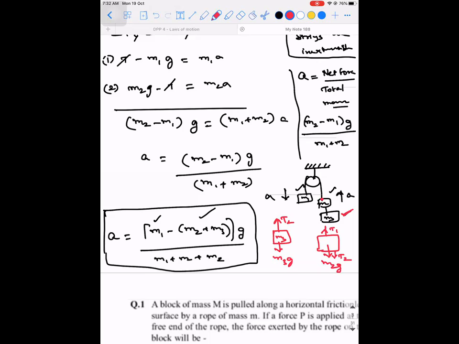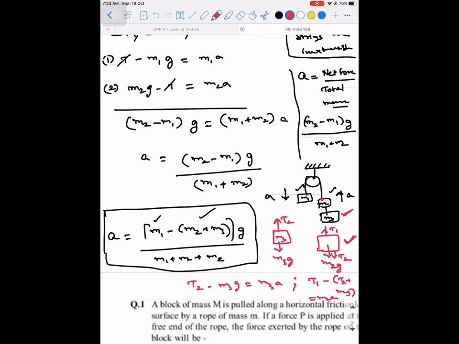Yes, sir. This is the free body diagram. Now see, since the block is moving upwards, T2 minus M3g will be equal to M3a. Tell me the Newton's second law for the M2 block. T1 minus (T2 plus M2g) will be equal to M2 into a.